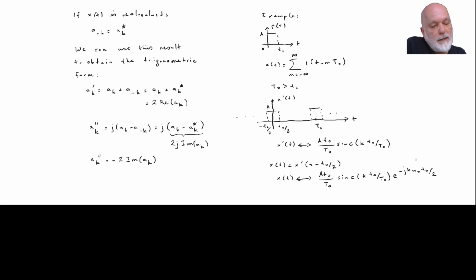Okay, so how can we now obtain the trigonometric form of the Fourier series? Of course, we can calculate the coefficients very easily by means of the expression we have obtained as the Fourier series coefficients in the complex exponential case.